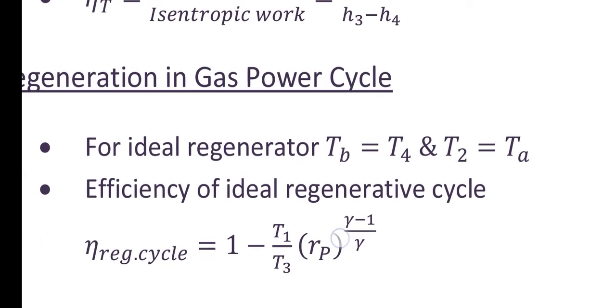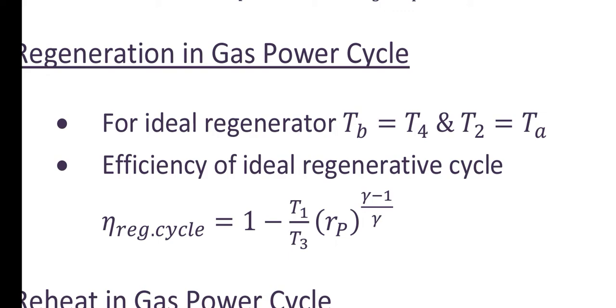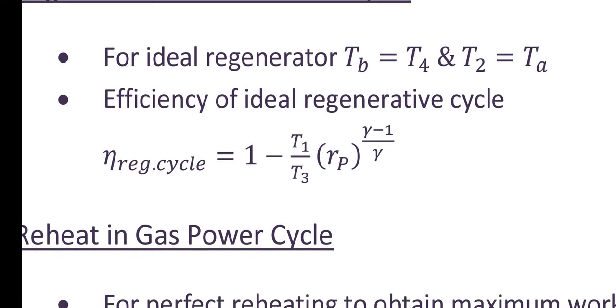For ideal regeneration, TB, which is the temperature from where the heat addition starts, will be equal to T4, and T2, which is the outlet of the compressor, will be equal to TA, which is the outlet from the heat exchanger. The efficiency of an ideal regenerative cycle is given as 1 minus T1 by T3 Rp to the power gamma minus 1 upon gamma.